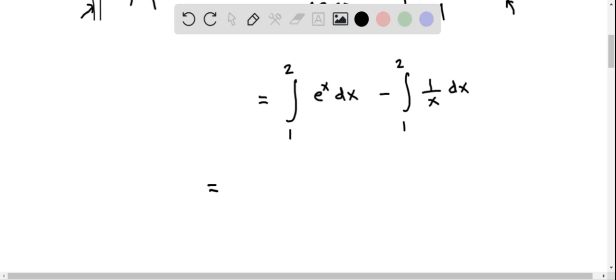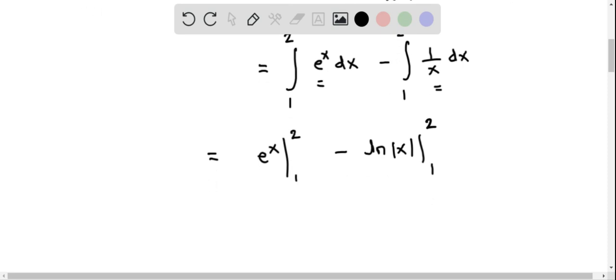So this equals the integral of e power x, which is e power x, evaluated between the limits 1 to 2, minus the integral of 1 over x. When we use the standard formula, this is the natural logarithm of the absolute value of x, evaluated within the same limits, 1 to 2.